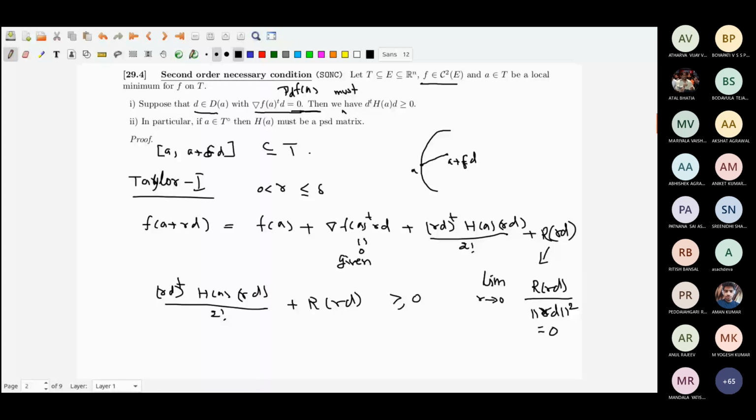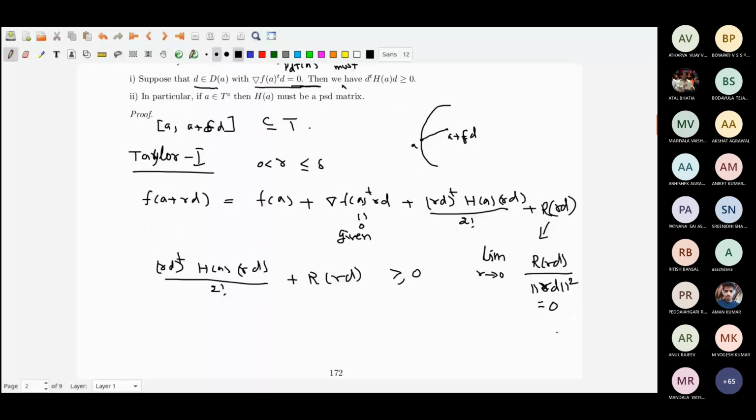So what do I do? These are the only things that are given. So I divide it by r square, by D norm square. Oh, that is one part I did not say. I am trying to prove the first item.